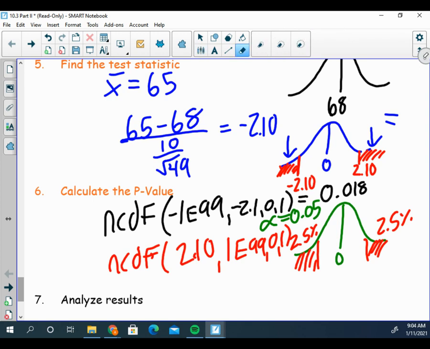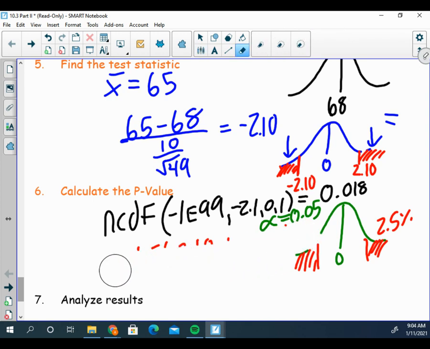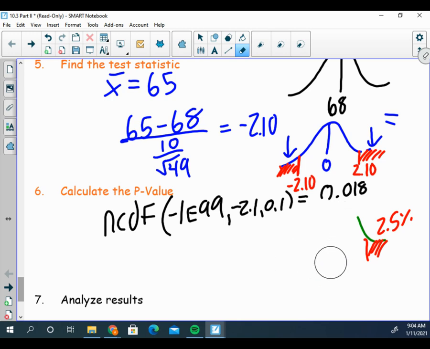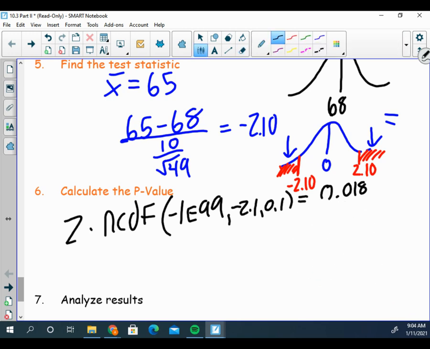There should also be that much here. Therefore, for a two-tailed test, what do we do? Well, all we simply need to do is multiply by a 2 out front.